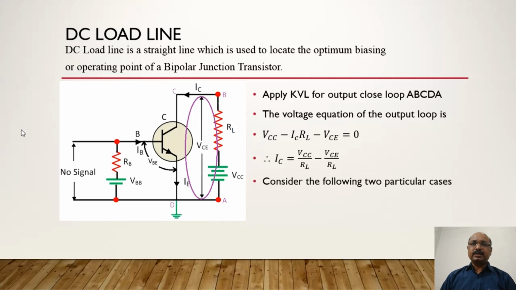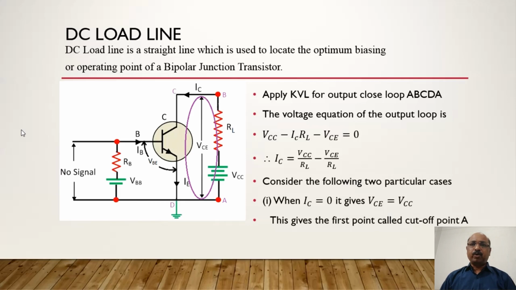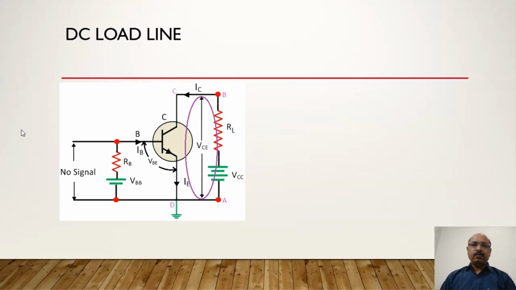Now consider the following two particular cases. When IC is equal to 0, it gives VC is equal to VCC. This gives the first point, called the cutoff point, denoted as A. When VC is equal to 0, it gives IC is equal to VCC divided by RL.